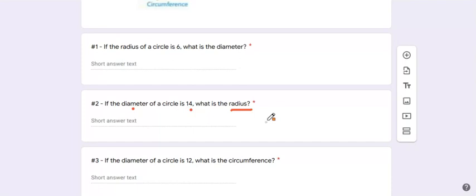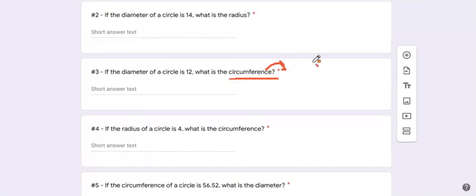Number 3, you're given the diameter and you're asked for the circumference. And so what you need to do is write down the circumference formula. C equals pi times diameter. On a piece of paper, I would write that down, then plug in what you know. I don't know what C is, so I'm going to leave C as C. I know pi is equal to 3.14.